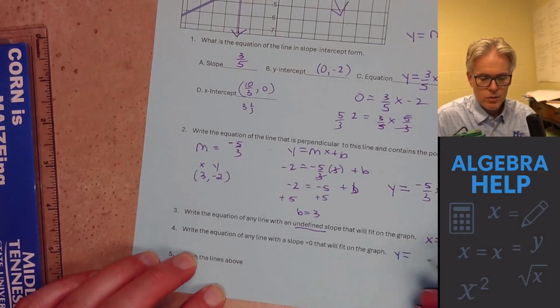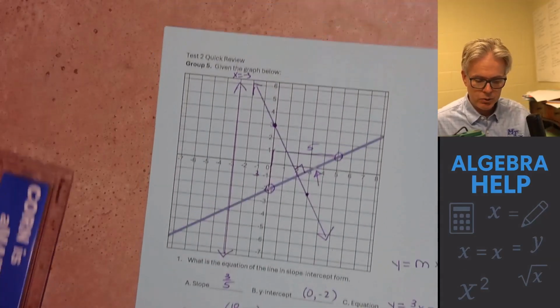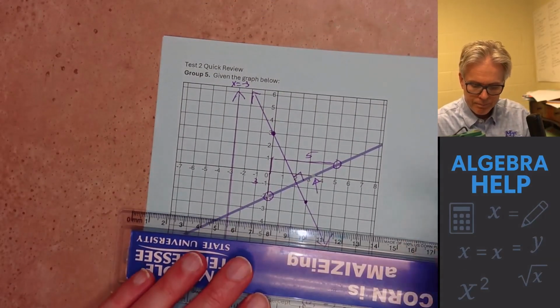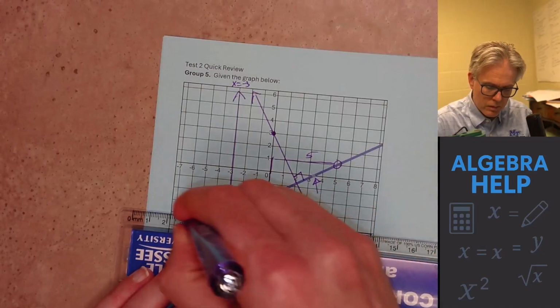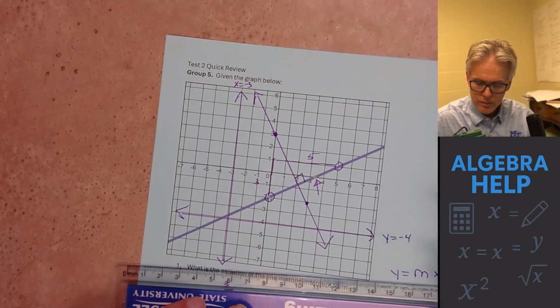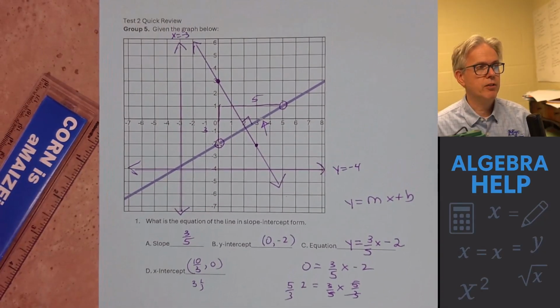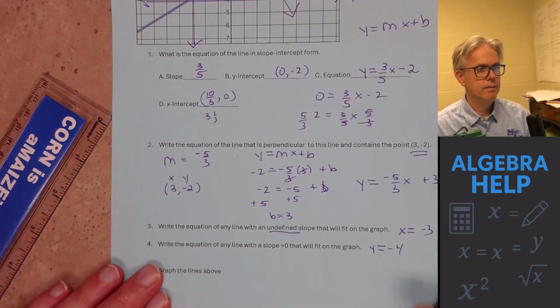Well, how about y equals negative 4? Any y equals would work. There we go. Okay, we've graphed all those lines. There we go. I hope that helps.